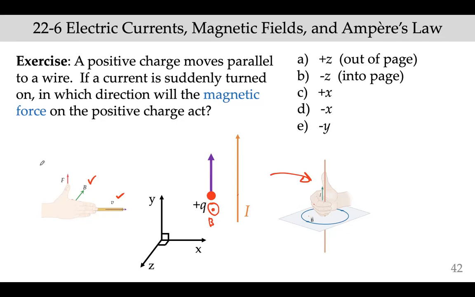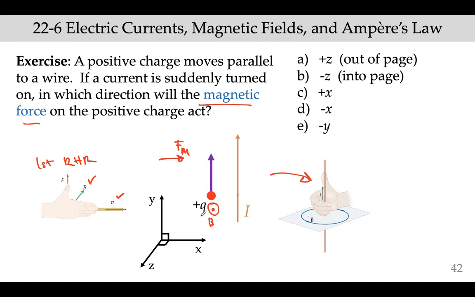We're going to use the first right-hand rule here. So your index finger is in the up direction. Your middle finger is out of page because the magnetic field is out of page. So it turns out that your thumb shows this direction. So that's the magnetic force, and that is actually the question.